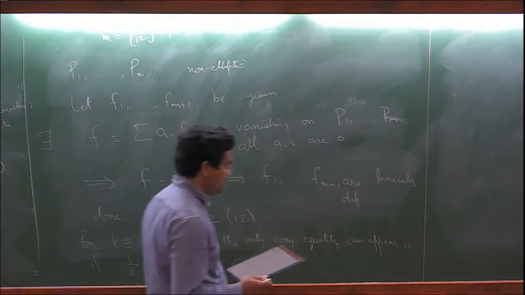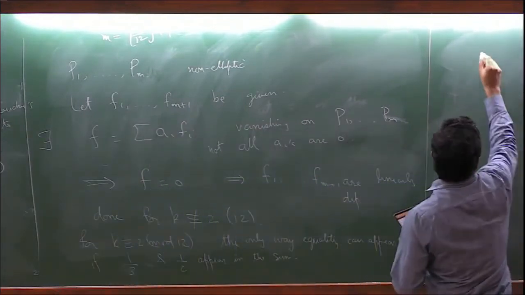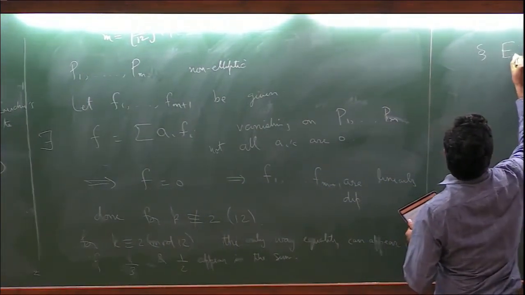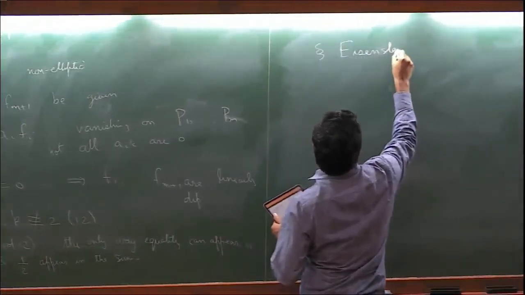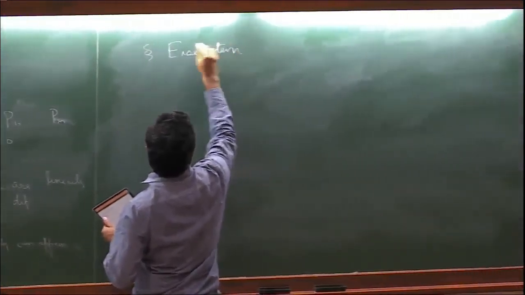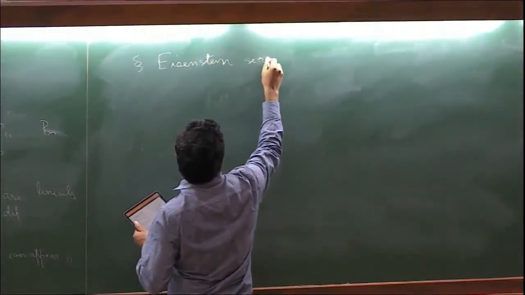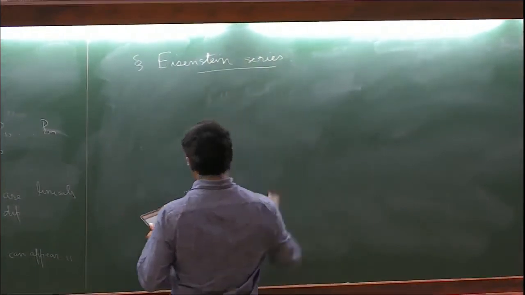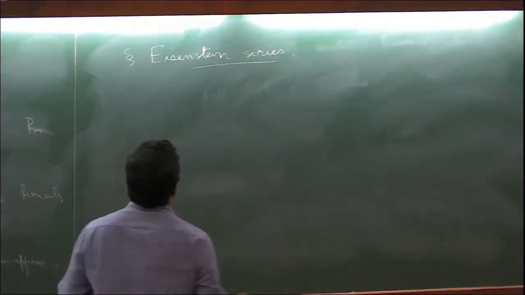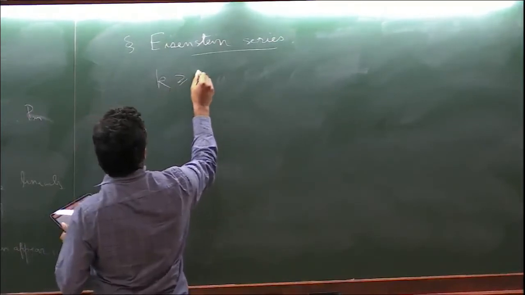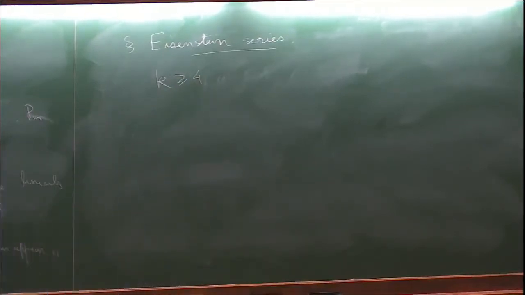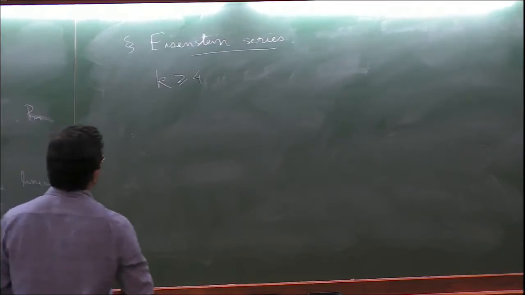Now we should see some examples. So now let k be bigger than or equal to 4 for this. These are all different avatars of the same or very closely related things.